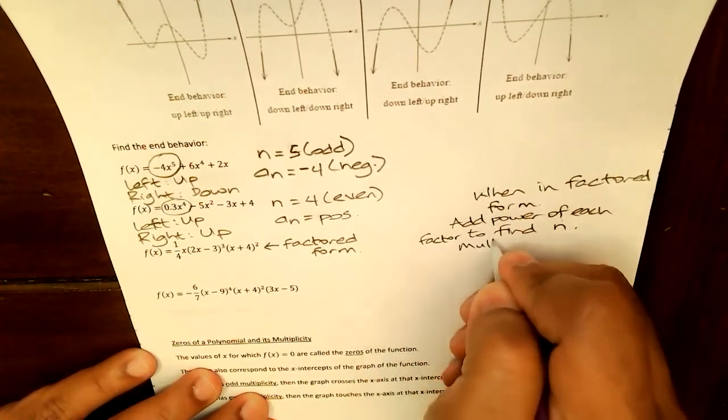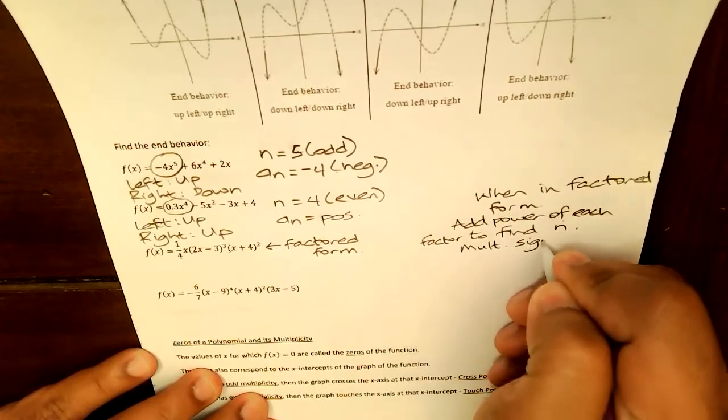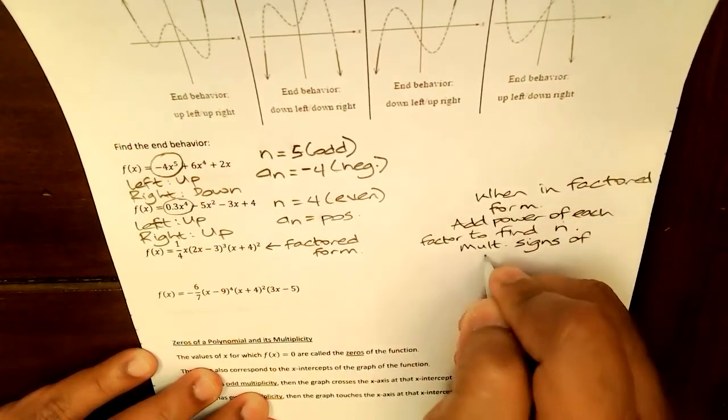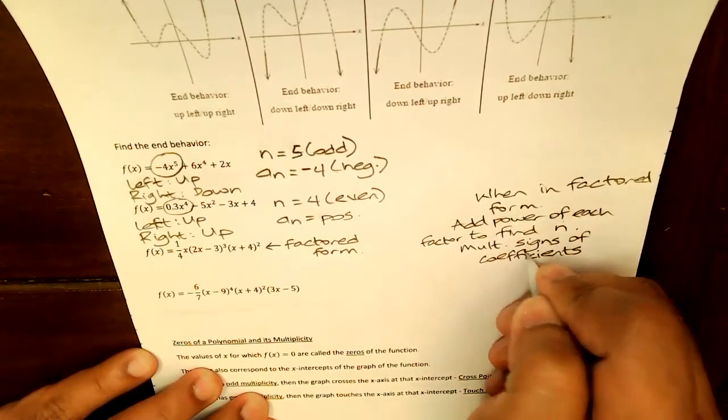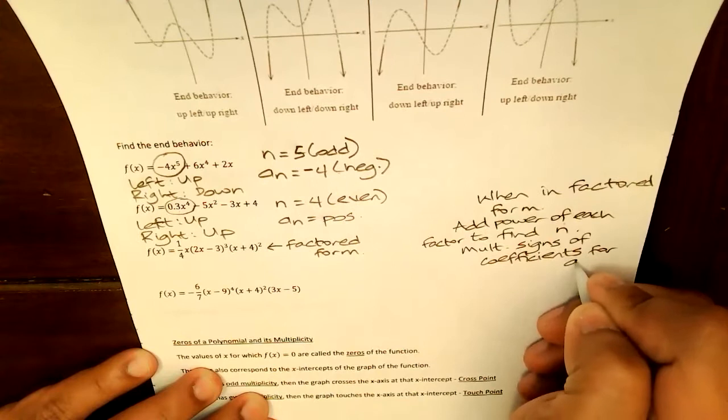And then we're going to multiply the signs of the coefficients for an.